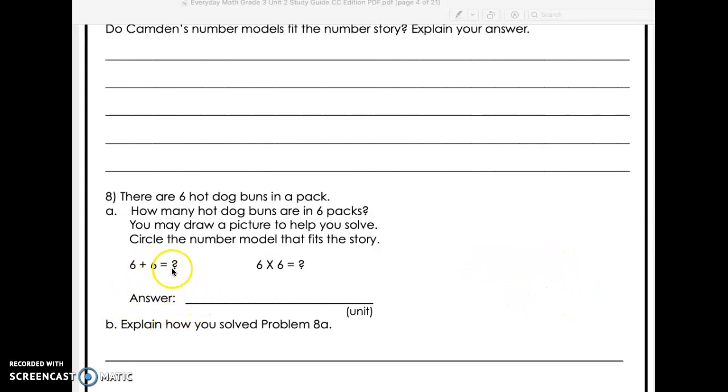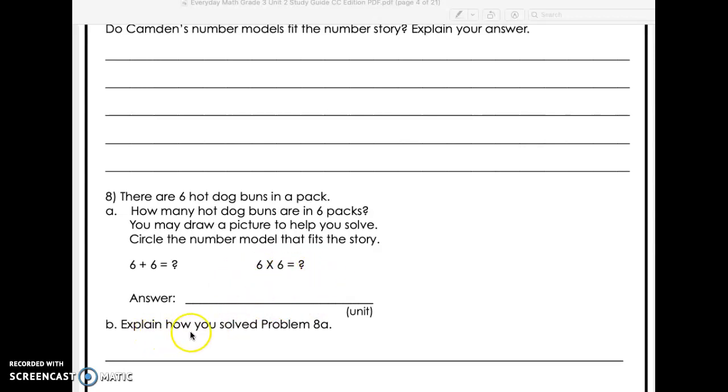And which one would you use? 6 plus 6 or 6 times 6? Well, 6 plus 6 plus 6 plus 6 plus 6 plus 6 is actually the same as 6 times 6. So this is the one you're going to circle, and then you're going to find the answer. You're going to add 6 plus 6 times and get your answer and put it right here.